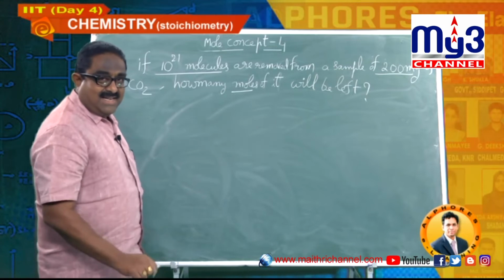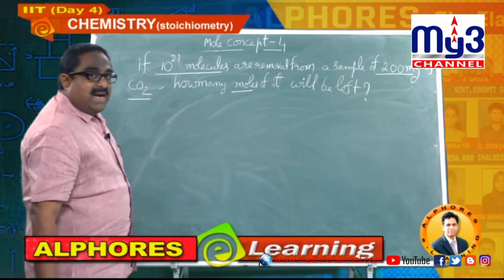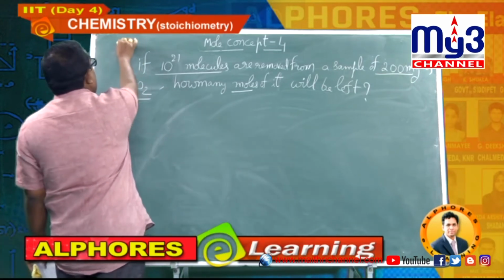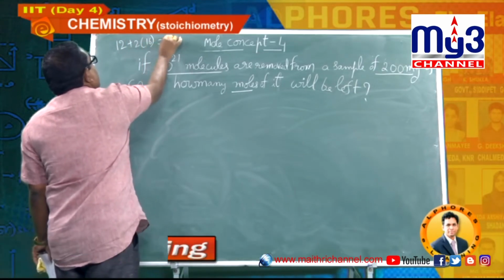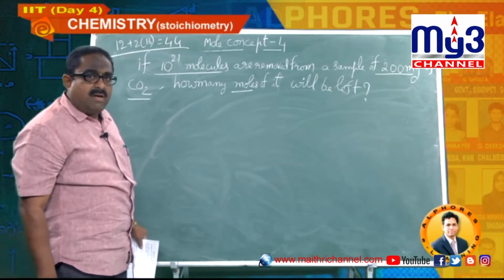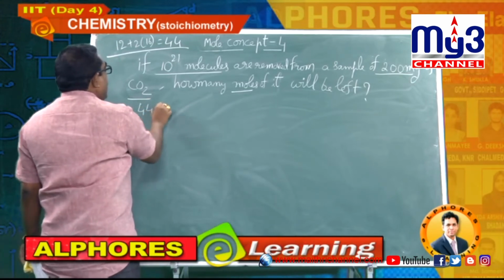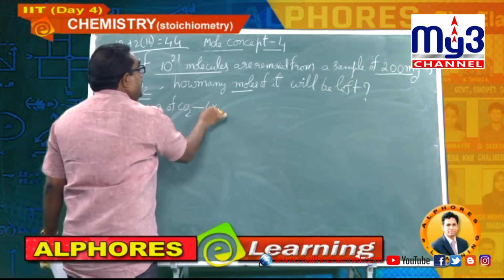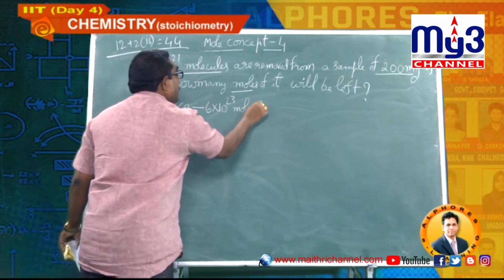So please concentrate and write down along with me. What is the molar mass of carbon dioxide? Atomic mass of carbon is 12. Here I am writing. And 2 oxygens, 2 into 16, that is 44. 44 is the molar mass of carbon dioxide. So we can write 44 grams of carbon dioxide contains 6 into 10 power 23 molecules.